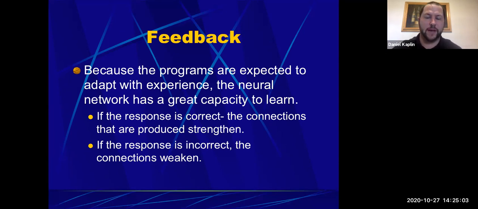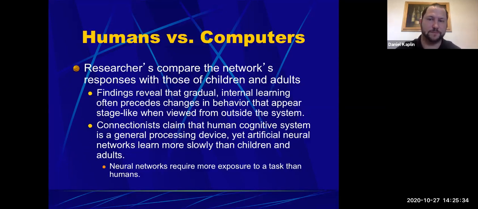Same thing when we talk about learning. Behaviorists talk about learning and memory, that there's this concept called the law of adaptive hedonism, which means that we seek pleasure and avoid pain. So if we get a desirable outcome, such as a response being correct, we're going to repeat that behavior. It's going to strengthen that response. If we get an undesirable outcome, we're going to want to avoid that. So it's going to weaken that connection.